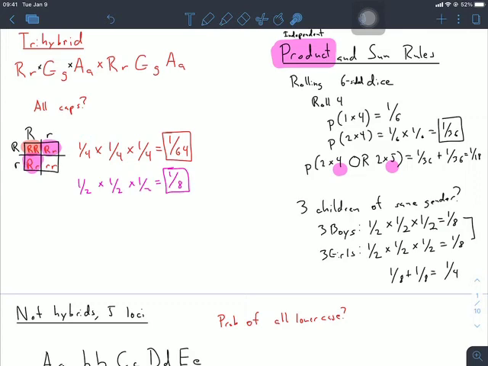Now we're going through these lists of different possible ways in which to perform crosses and to calculate the resultant probabilities because ultimately this section is going to be tested in a problem set.